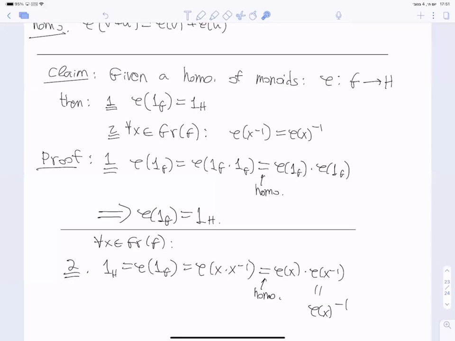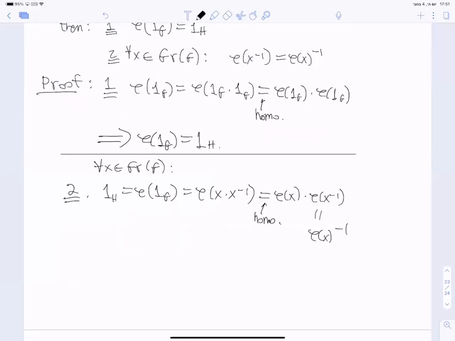Okay. The importance of the second property is this corollary.